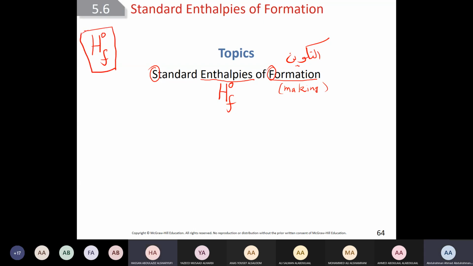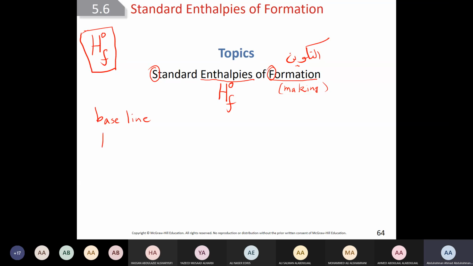The standard enthalpy of formation. Exactly. Each compound has a standard enthalpy of formation, and it has been calculated for many compounds. Is this clear?